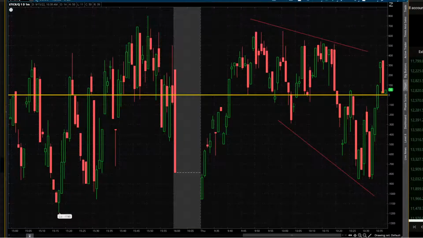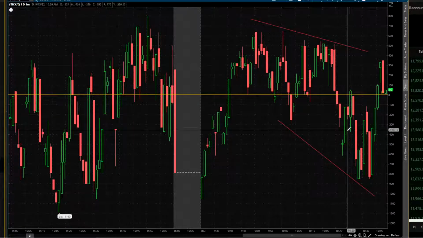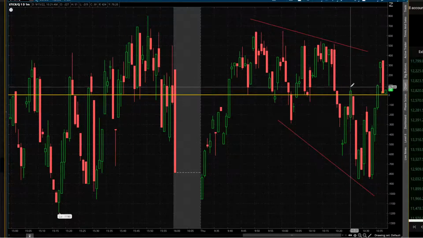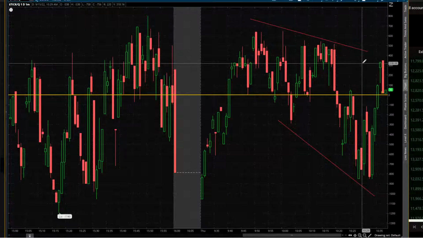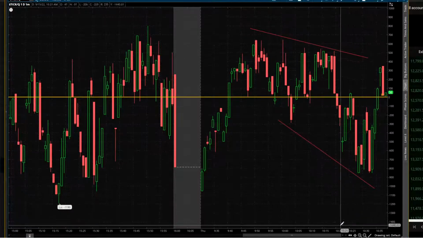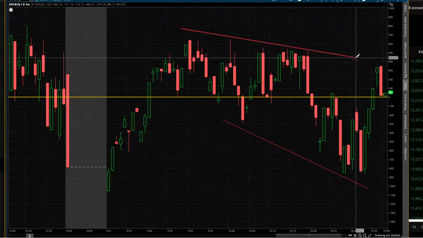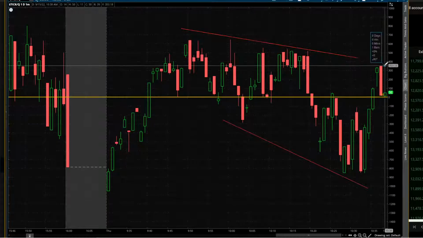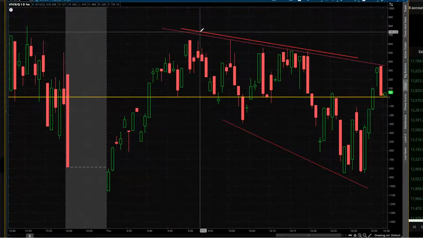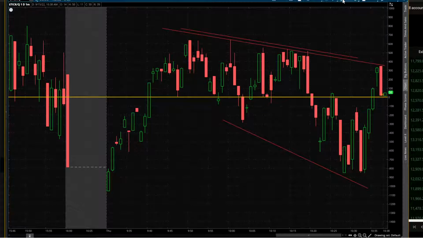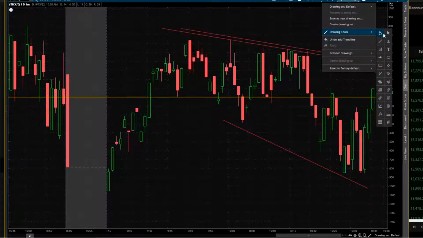I want to see what time it was that the trend changed to the downside. And this is on 10:21 right here. We have the breakdown, and then we never made a new high, right? And we are continuing with this sort of high right here. There we go. Drawing tools.